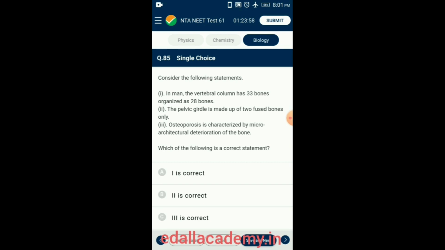Imbalance of hormones like calcitonin, parathyroid and sex hormones, and deficiencies of calcium and vitamin D are the main causes of osteoporosis. In man, the vertebral column has 33 bones organized as 26 bones. The pelvic girdle is made up of 3 fused bones only. So the answer is option C. From the given three statements, all three are correct.